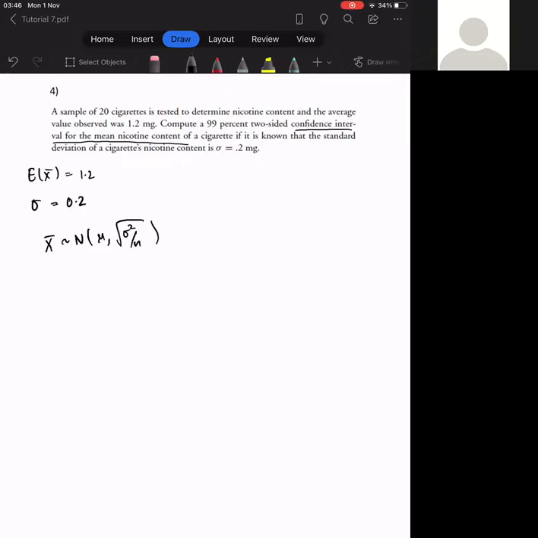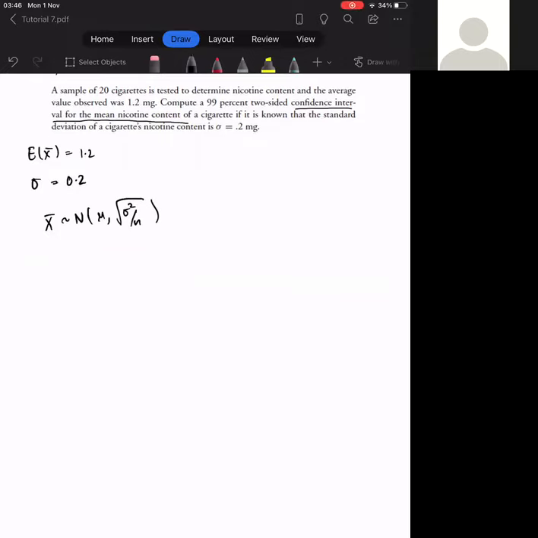So when we standardize x bar, we would get x bar minus mu over sigma divided by under root of n. Right?